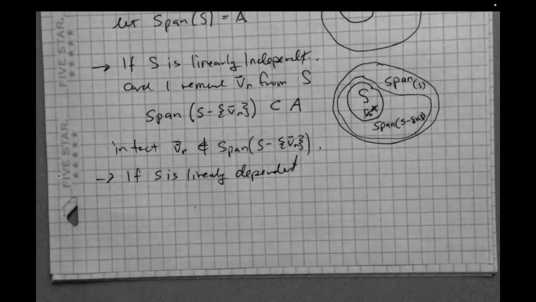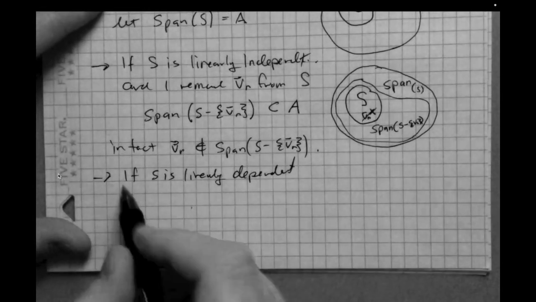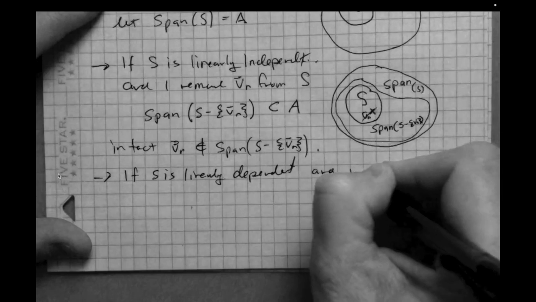If I can write Vn in terms of V1 through Vn minus 1, then Vn is redundant in the set S.